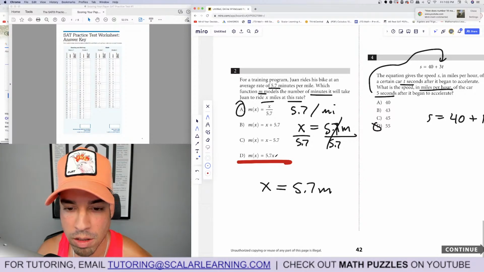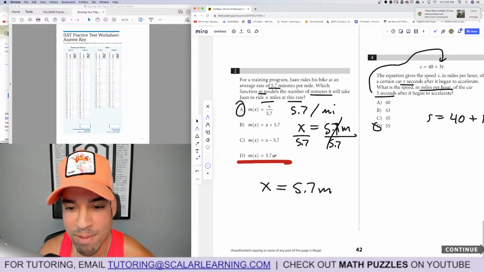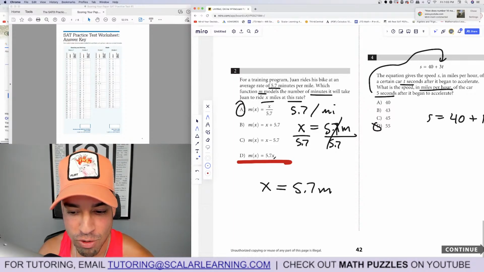Obviously D makes way more sense. Why did I answer A? Because if you ride 1 mile, it's 5.7 minutes. If you ride 2 miles, it's 10.4 minutes. How did I do this wrong?